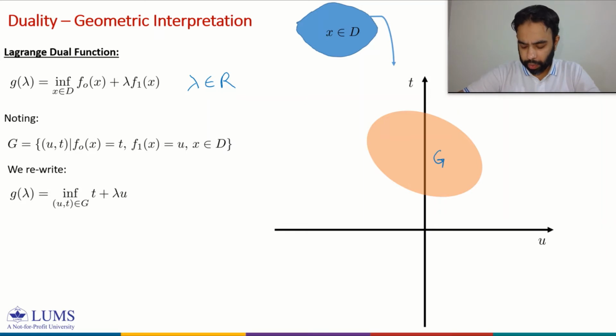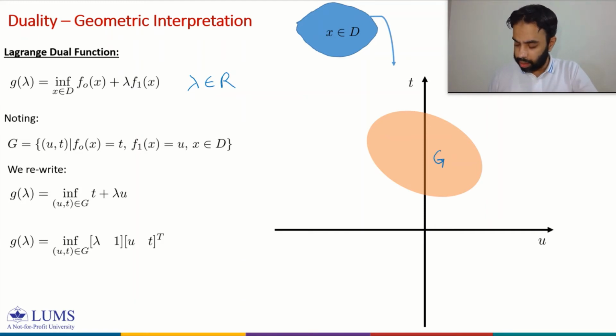I can also write this Lagrange dual function in this form: taking a vector lambda 1 in the ut plane, I take an inner product of lambda 1 with a vector ut, and I take the infimum over ut and over the set G.